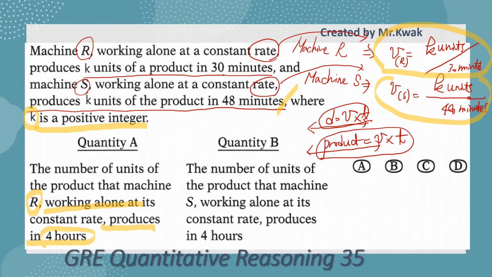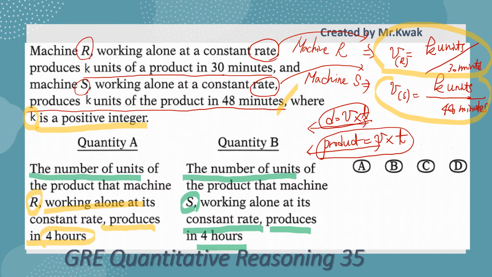And then quantity B is the number of units of product that machine S, working alone at its constant rate, produces in 4 hours.